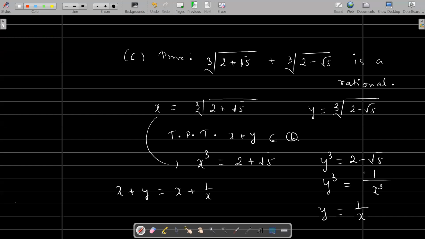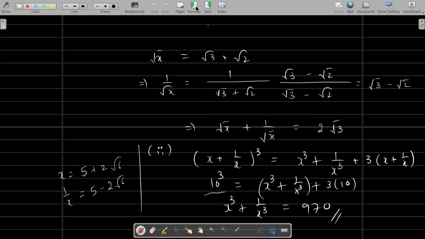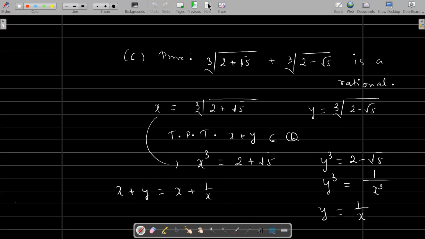Sorry, I think there is some sign mistake. It will be y is equal to minus 1 by x. So y cube is minus 1 by x cube, right? So y is minus 1 by x. So this is x minus 1 by x, right?